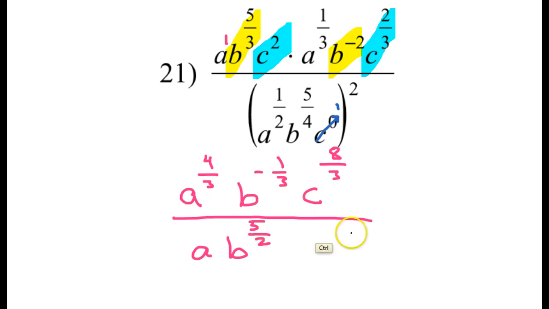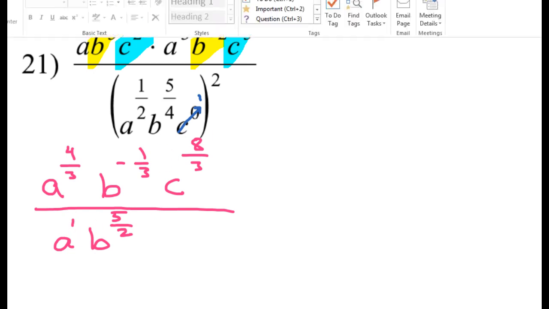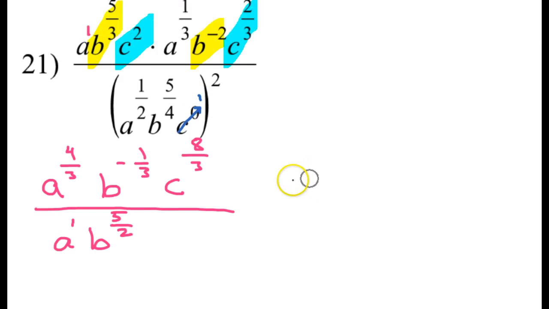So we have to clean this up by subtracting. When you divide like bases, you subtract the exponents. You can think of this as a to the 1 power. So what I'm about to have to do is I need to do 4 over 3 minus 1, or minus 1 over 1.